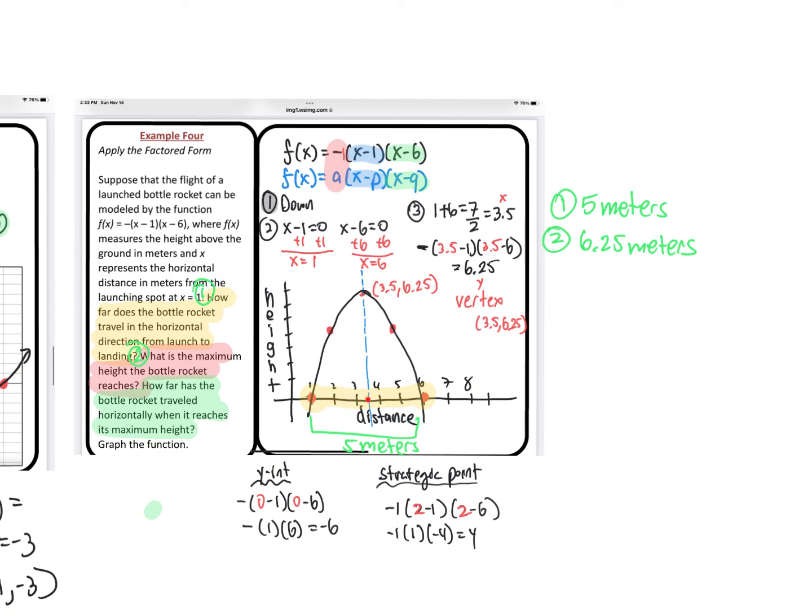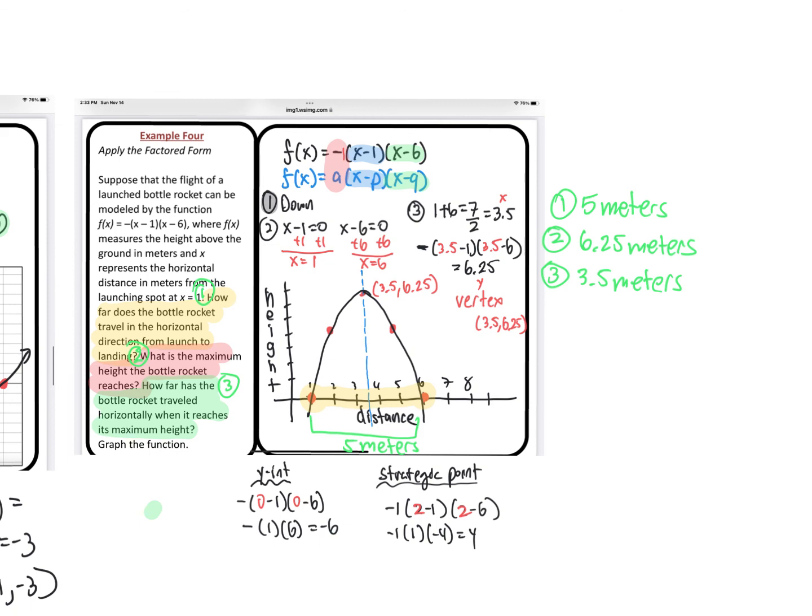So at 3.5 meters, the bottle rocket is at its highest point, 6.25 meters. And so looking at our very last part, number 3, after 3.5 meters, it's going to be at its highest point.